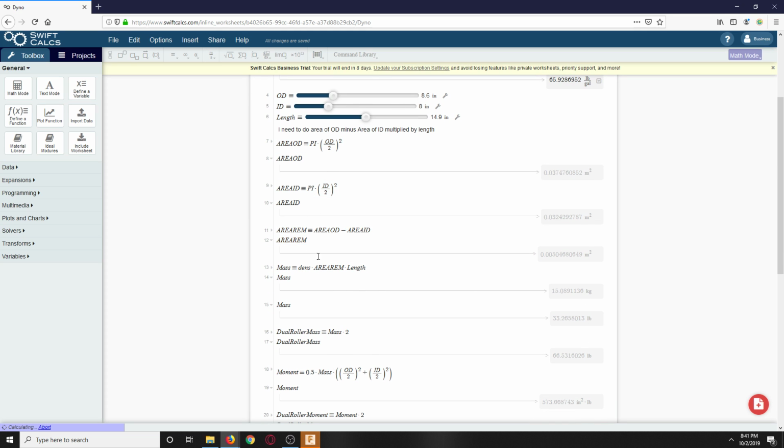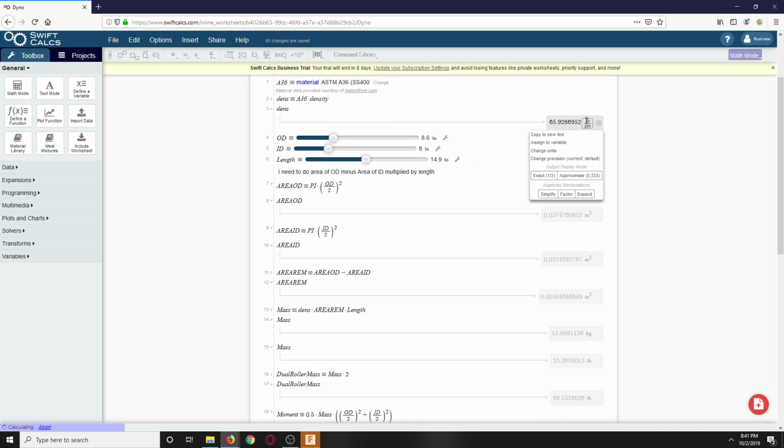Anyways, area remaining is area OD minus area ID, and mass is density times area remaining times the length, right? So density is, in this case, kilograms per meter squared or pounds per inch squared. Pounds per inch squared times inch, so that's inch cubed times pounds over inch cubed. Inch cubes cancel out, so this is pounds.